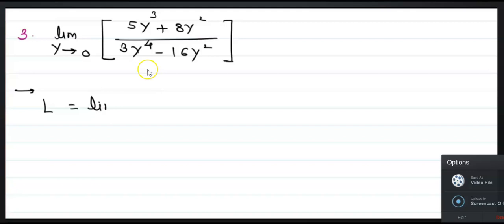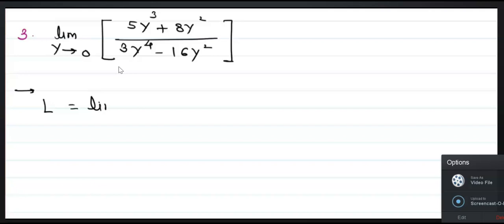Now I will give you one idea on how to solve this. That is again, y tends to 0, so y minus 0 will be the cancellation factor. If you take y square from the numerator and y square from the denominator, then the cancellation factor will be y square, which will get cancelled from the numerator and the denominator.